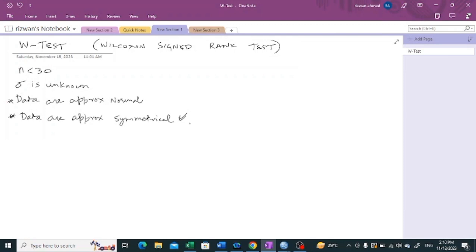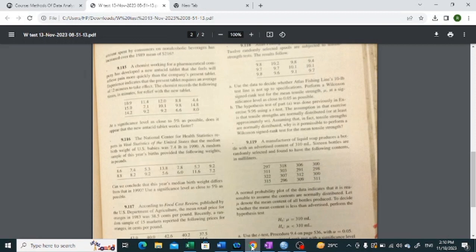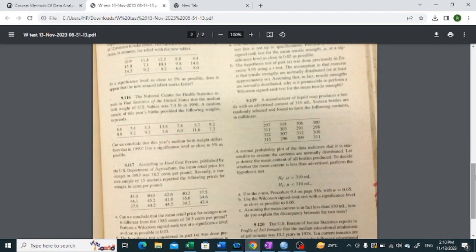Now we start with this example, question number 9.116, regarding the weight of US babies at birth. The National Center for Health Statistics reports in Vital Statistics of the United States that the median birth weight of US babies was 7.4 pounds in 1990.